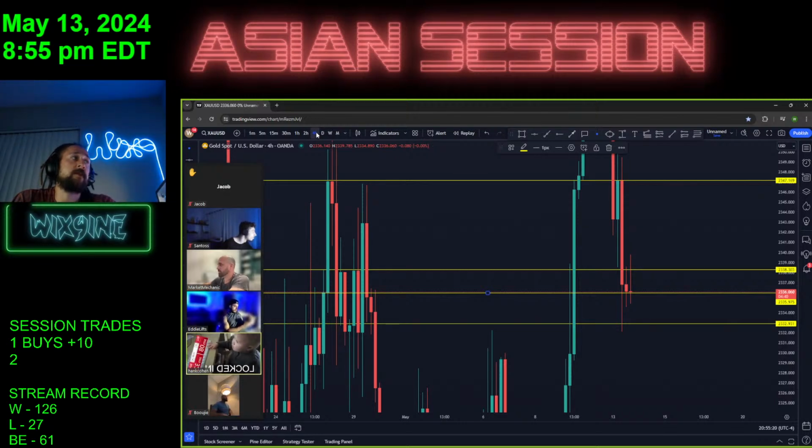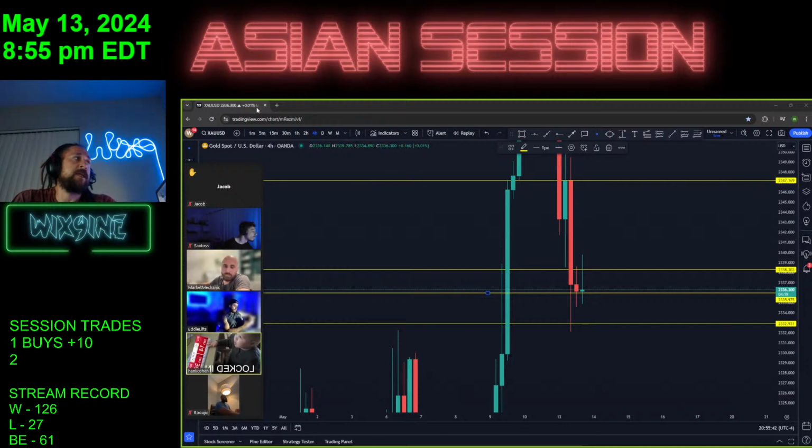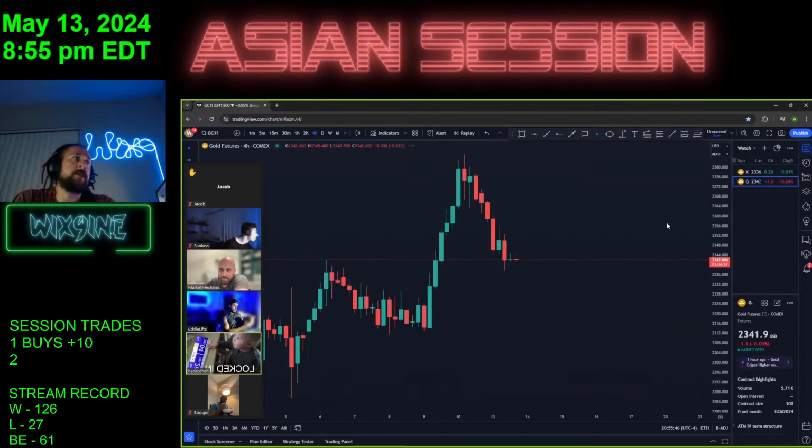Be a bit tough here if it closes doji. Welcome, welcome. This is very interesting though to pay attention to.